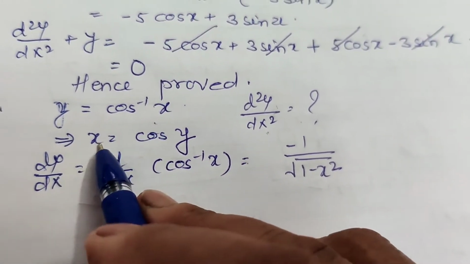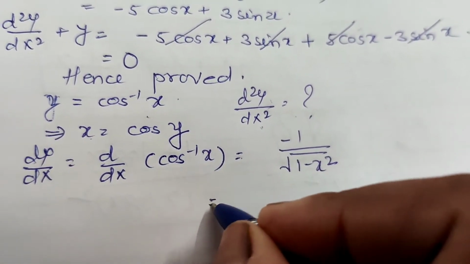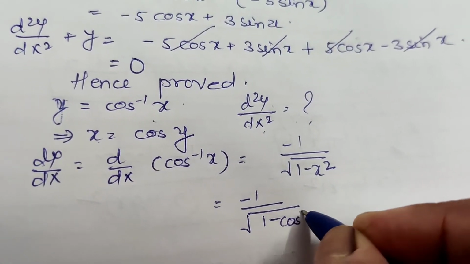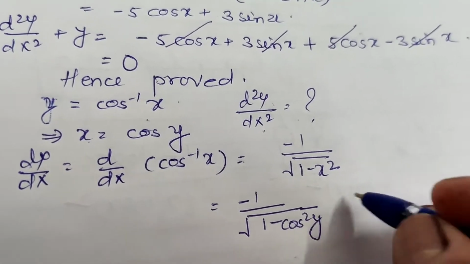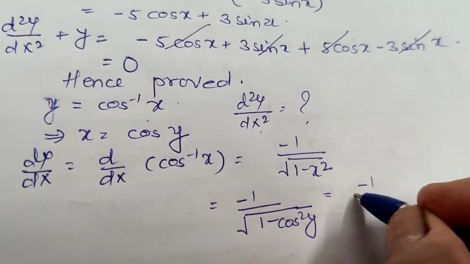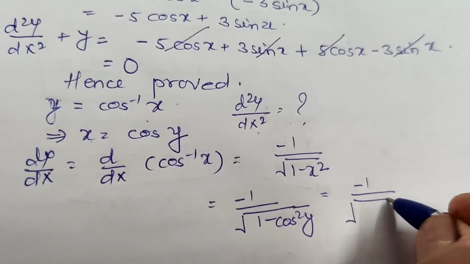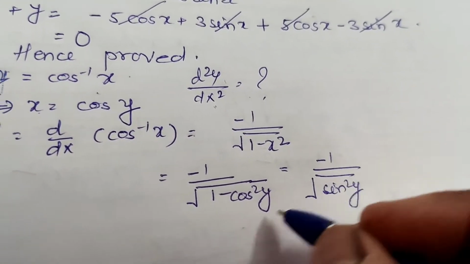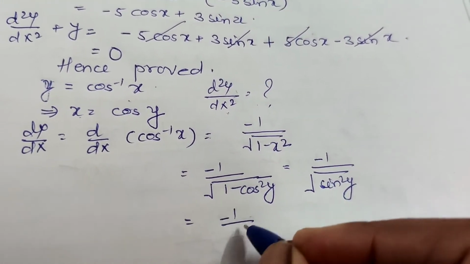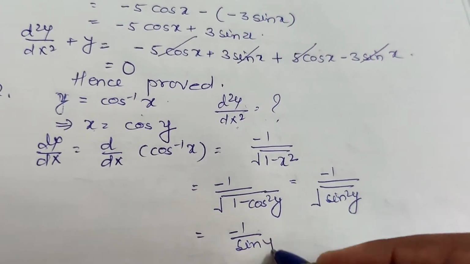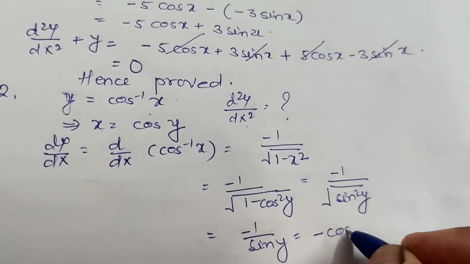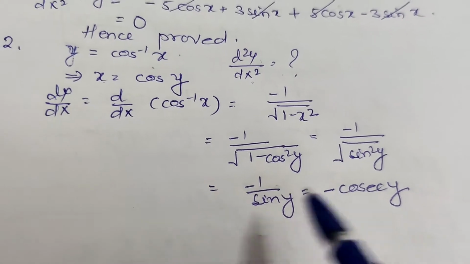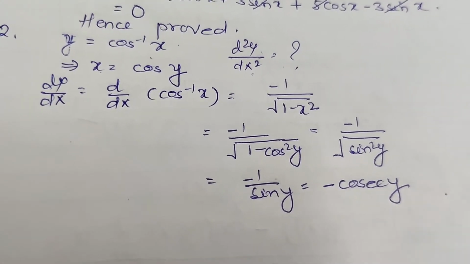Just put the value of x equals cos y: minus 1 upon under root 1 minus cos square y. 1 minus cos square y equals sin square y, so it means minus 1 upon sin y, which is equal to minus cosec y. It means dy over dx equals minus cosec y.